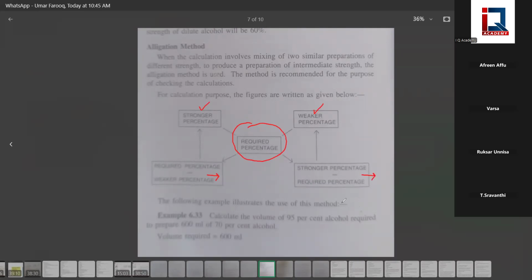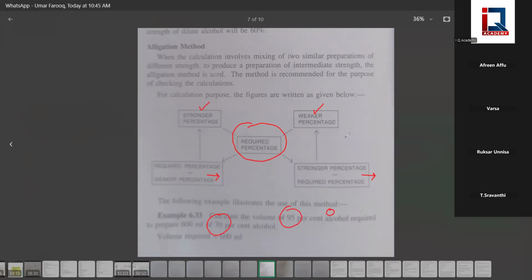For example, the volume of 95% alcohol required to prepare 600 ml of 70% alcohol is given in the question. The required percentage is 70%. The stronger percent is 95. The weaker percent is not given, so I will take water, that is 0.